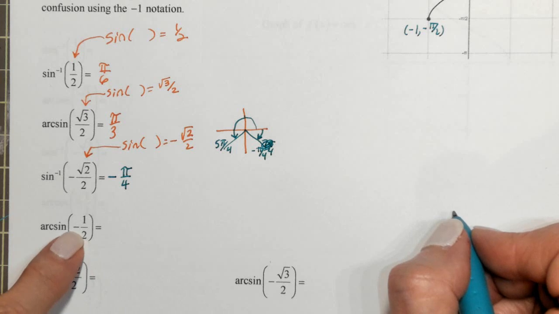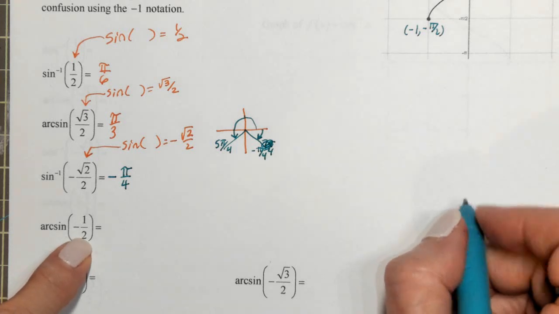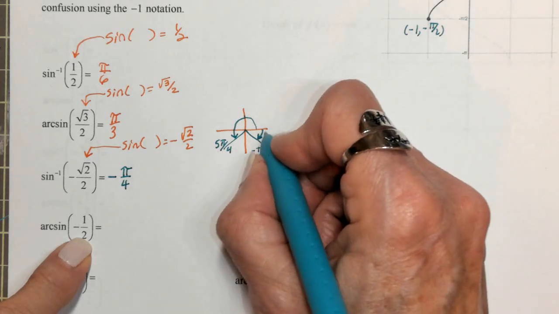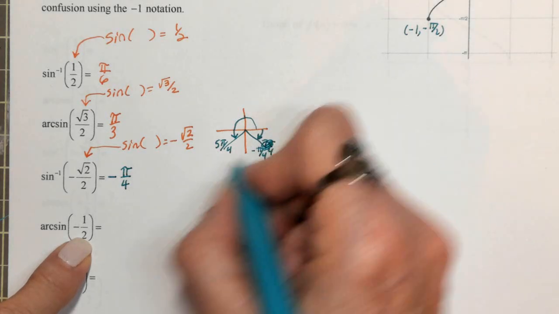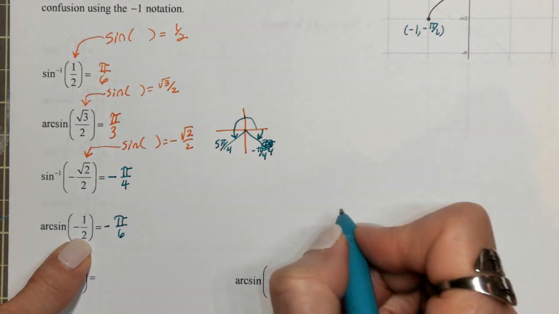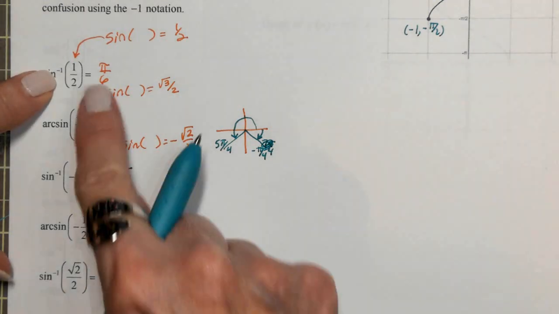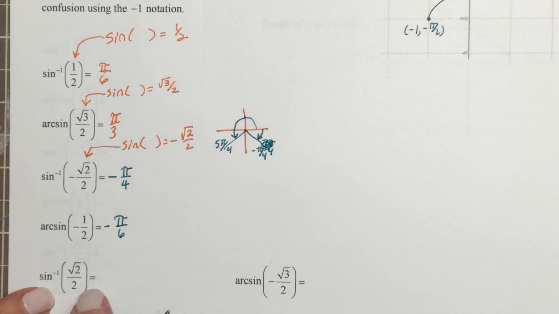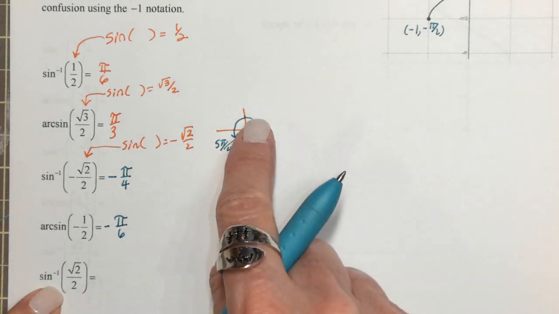Okay, arc sine of a negative 1/2. Well, sine of what is a negative 1/2? It'll be backwards. So it'll be a negative pi over 6. So sine of 1/2 is positive pi over 6. Sine of negative 1/2 is negative pi over 6. Sine of square root 2 over 2, that's just in the first quadrant.